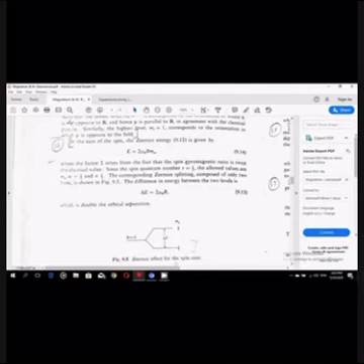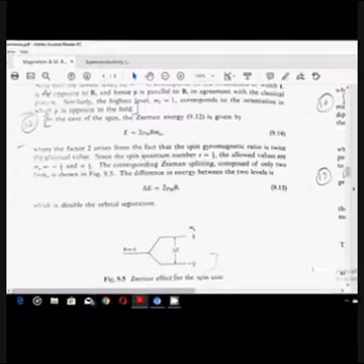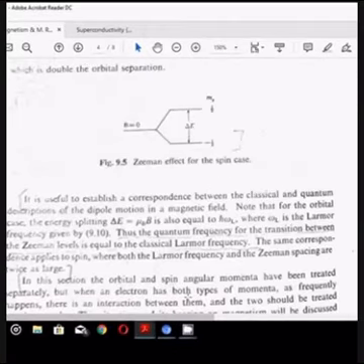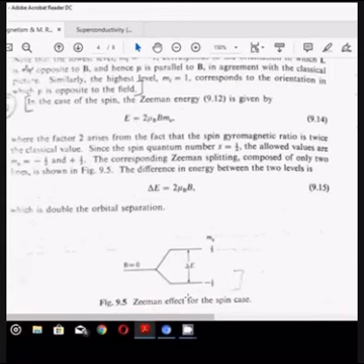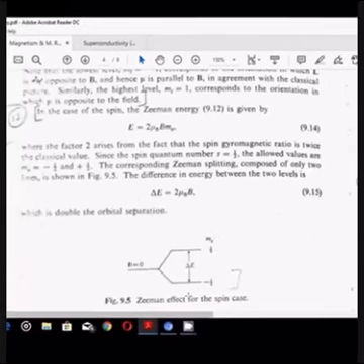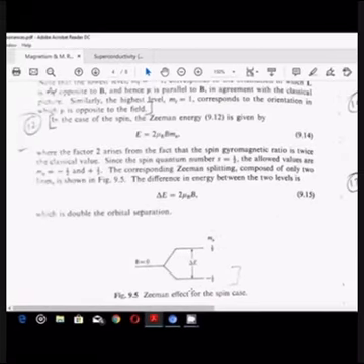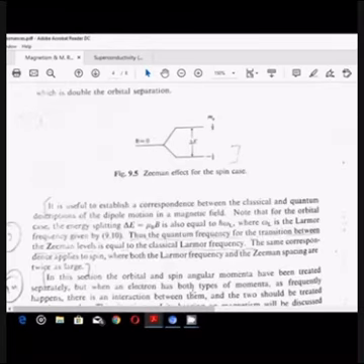If l is 3, then ml will change from minus 3, minus 2, minus 1, 0, 1, 2, 3, so there should be 7 levels in the Zeeman splitting. But the splitting in the spin motion gives us only 2 levels.